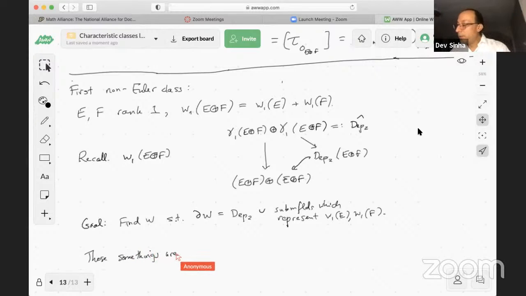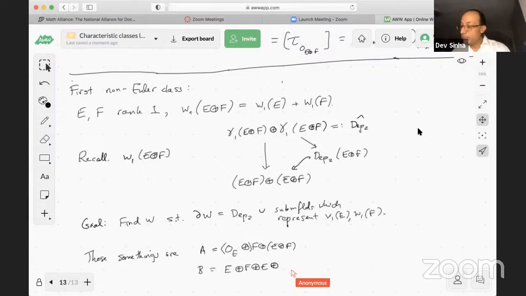I'm going to let the first thing A be the zero section on E plus F plus E plus F. Okay. And B be E plus F plus E plus the zero section on F. Okay, and those are those somethings.